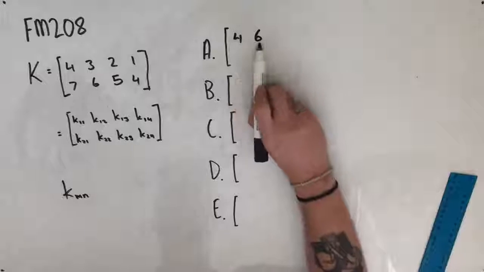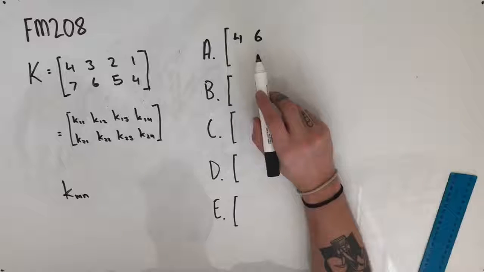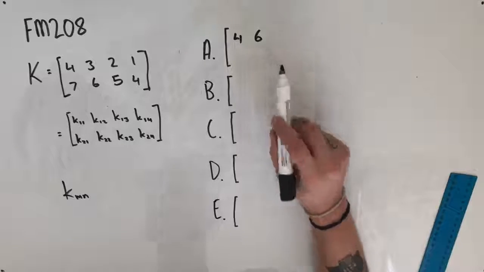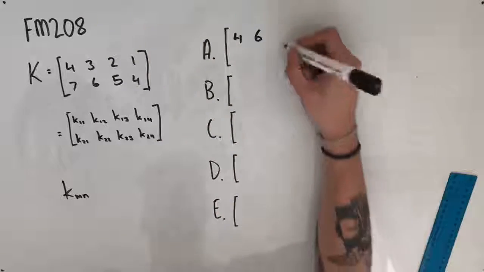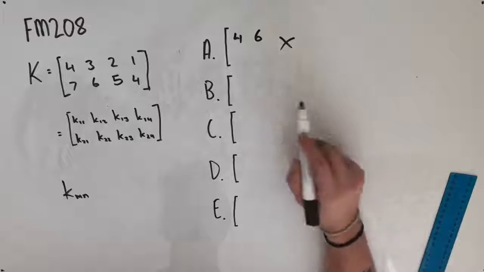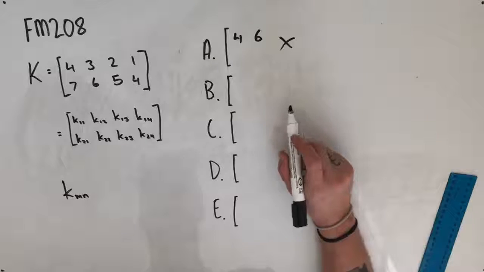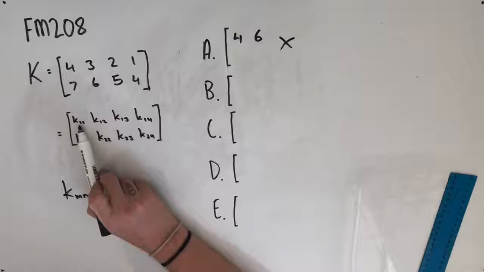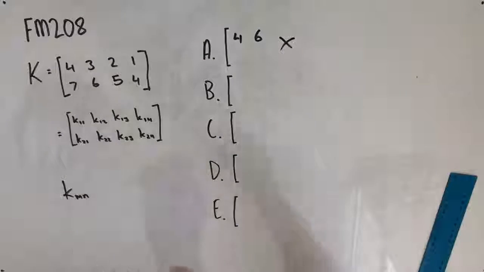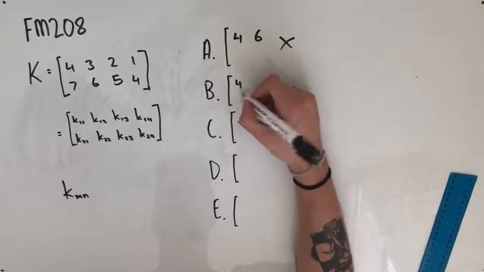Now, as soon as we've got this 6 here, we know that this is no longer the rule that we're looking for, because it's given us a 6 where we're looking for a 3. So we'll move on to our next option, which is B, where we're given the rule m plus n plus 2. So once again, starting at the element in the first row and first column, we've got 1 plus 1 plus 2, which would give us an answer of 4.